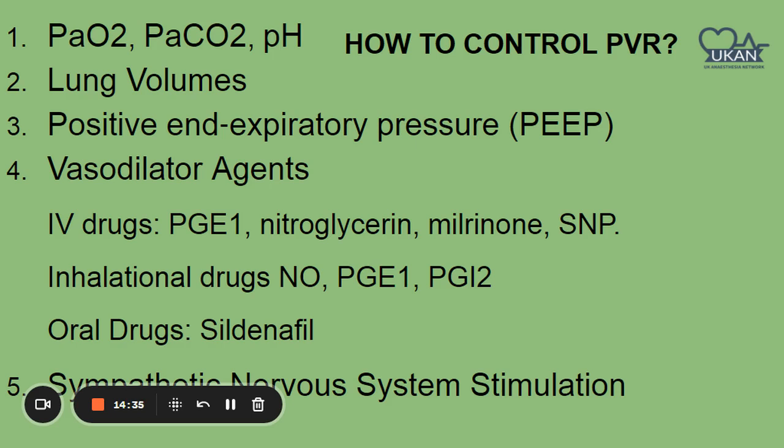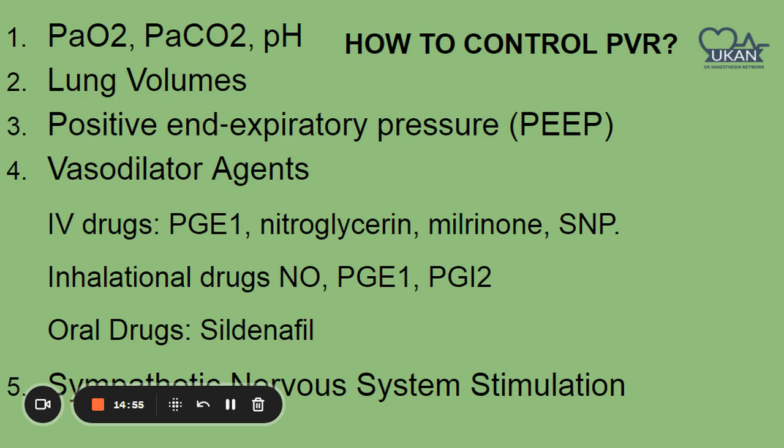So this is the effect of oxygen, and you can use this on your side if you want to increase the pulmonary vascular resistance. Put the patient on FiO2 of room air, 21%. If you want to decrease the pulmonary vascular resistance, increase the FiO2 as you need.